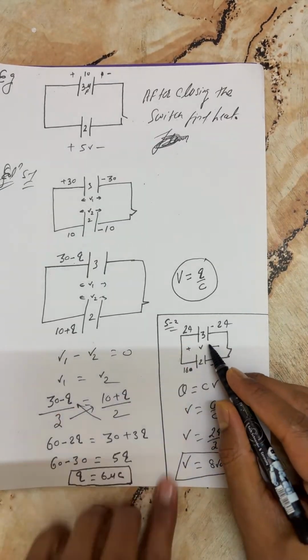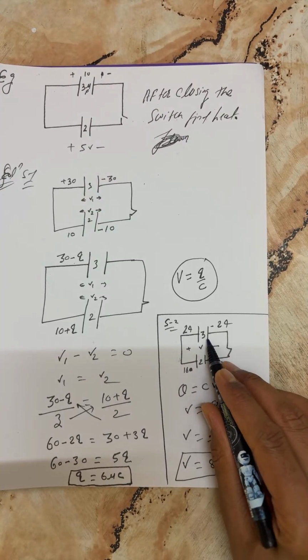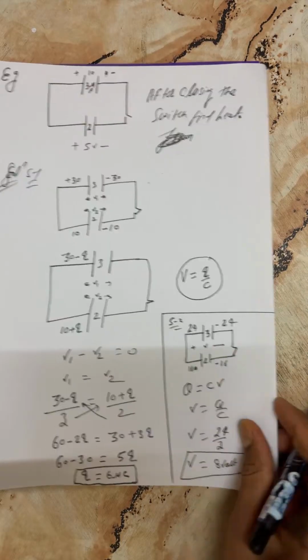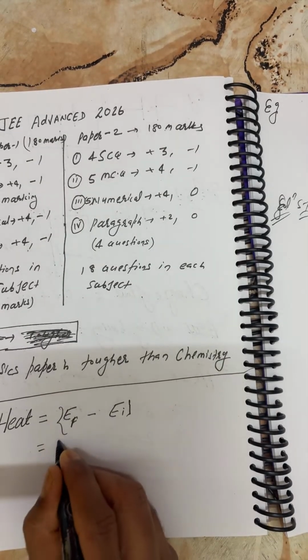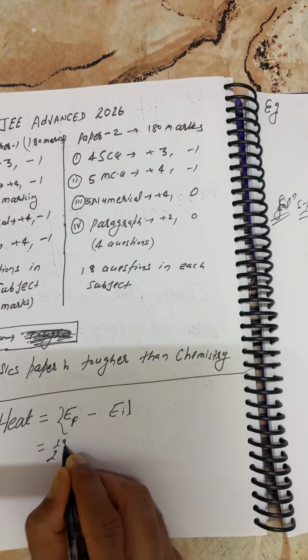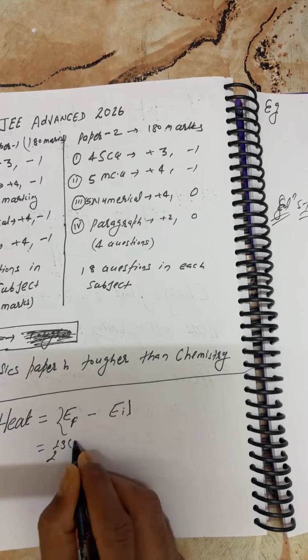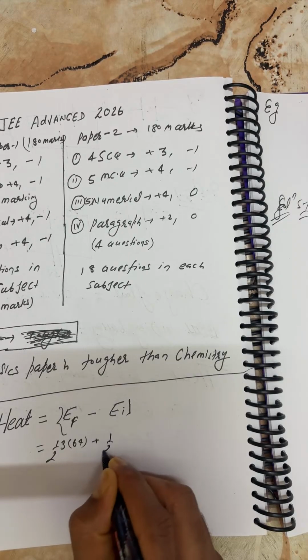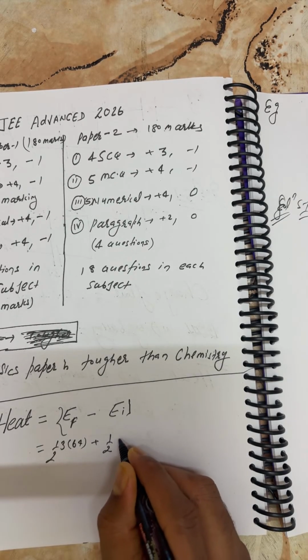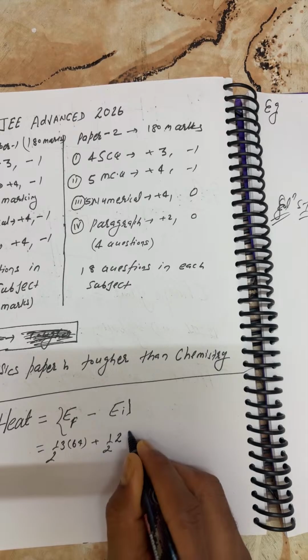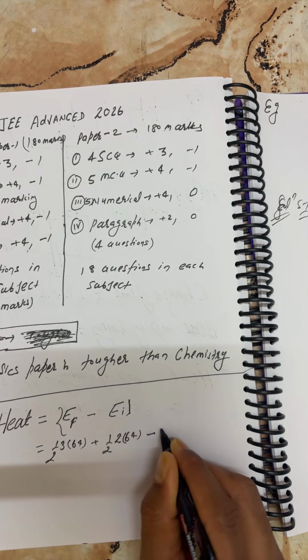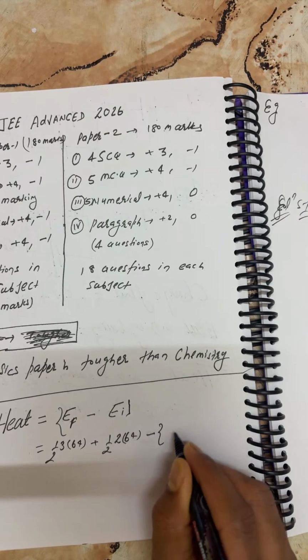This is your energy final, and this is also energy final. So you can say half CV squared. So energy final, students, you can say half into 3 into 8 squared, 64, plus 1 by 2 into 2 into 8 squared, 64. Energy final is done here.